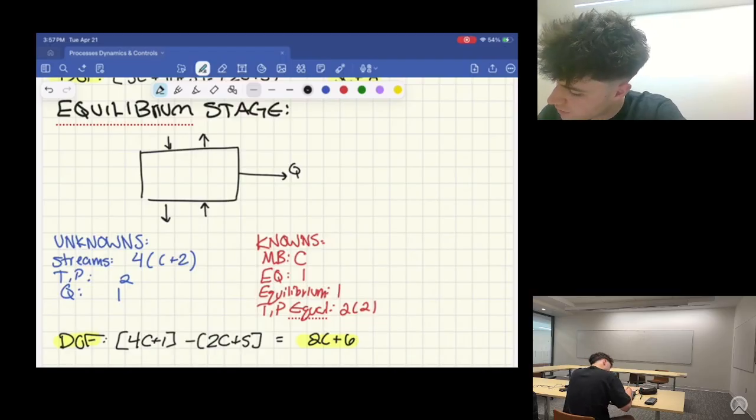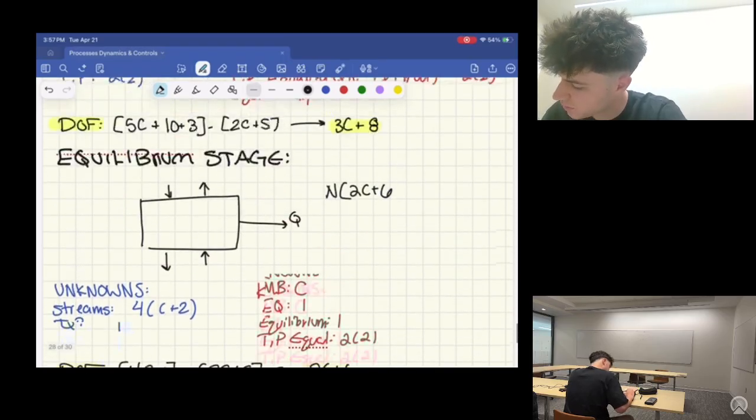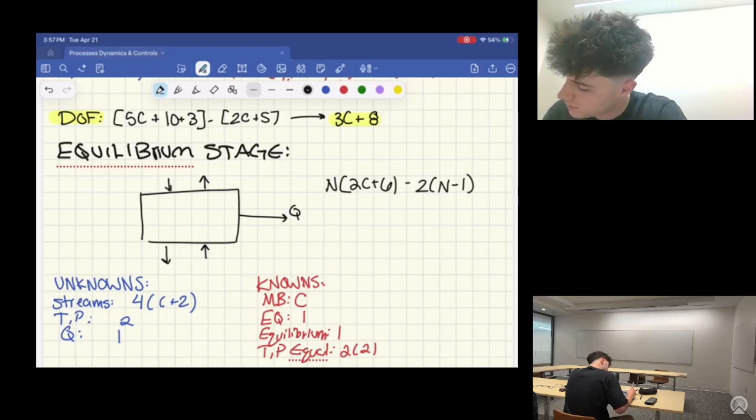So you notice that we're going to start with n times 2c plus 6, which is this equation, and we're just going to continuously add all of these, minus 2 times n minus 1 times c plus 2 plus 1.